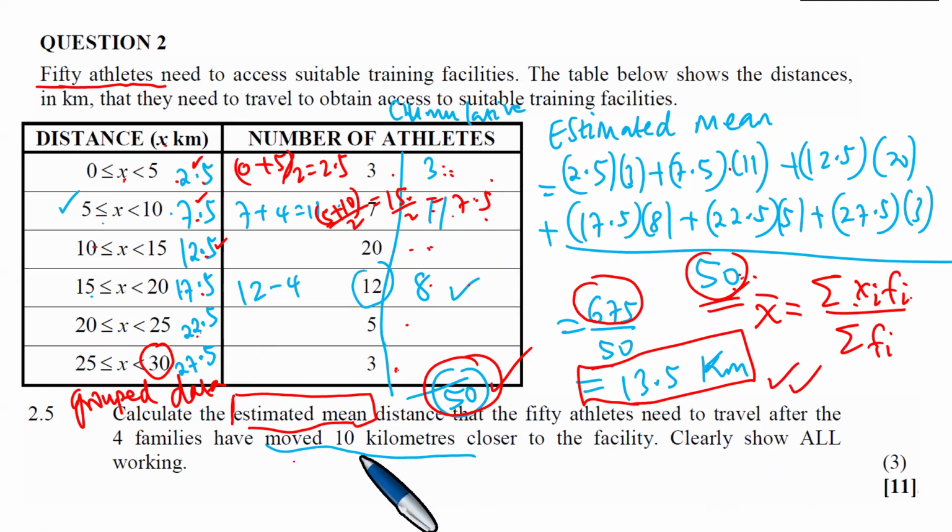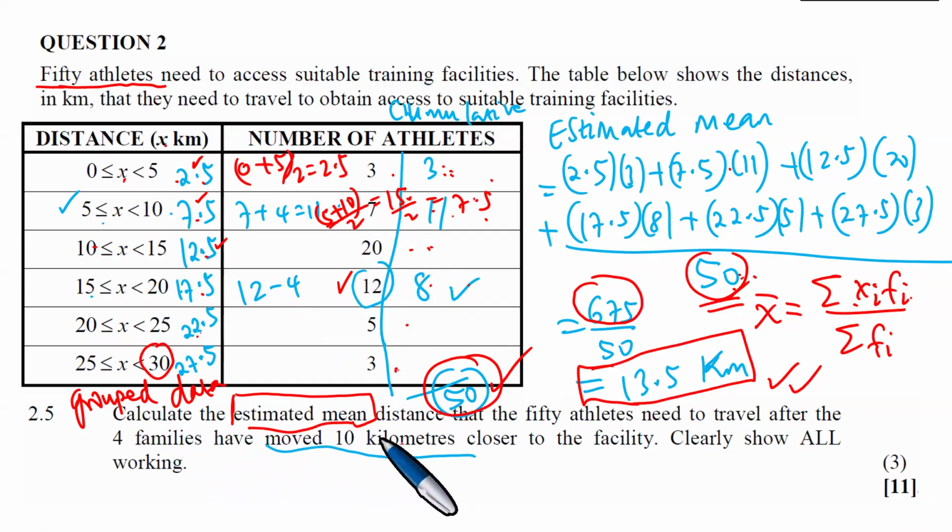Even here they said calculate the estimated mean. But how did you get 630? I think you missed something. How did you deal with the 12? There were 12 athletes here, but 4 of them moved to the upper group.